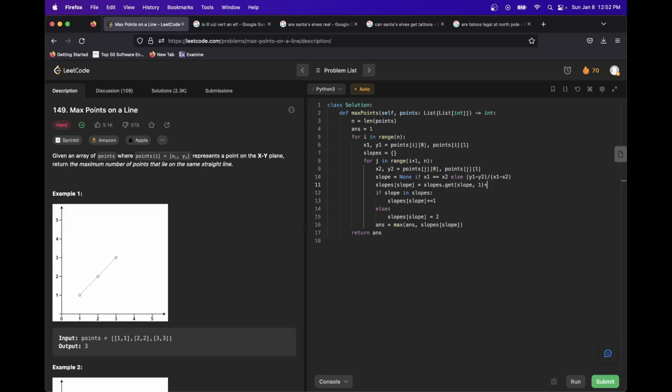But here we'd want 1, and then we'd say plus 1. So this is kind of a way to count up stuff. If there isn't already this slope in slopes, then initialize it with 1 and then immediately add 1, so it'll be 2. So either add slope to slopes with a value of 2, or if it's already in there, just add 1 to it.